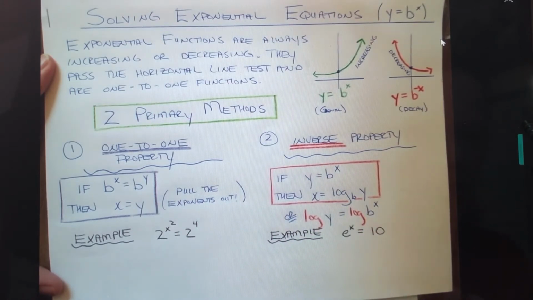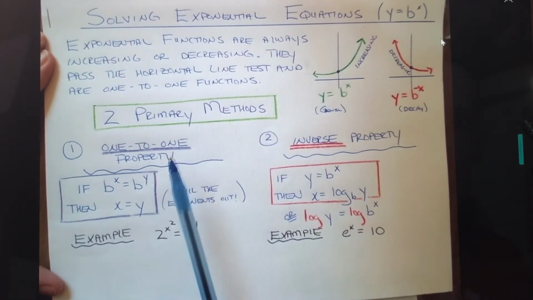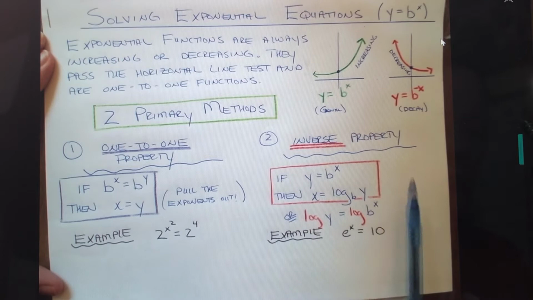It'll just take you longer. It's a little bit more tedious. Okay, so what I'm going to do in this video is explain what each one of these properties are and do a brief example. And then I have an additional video where I go through more examples in depth for one-to-one, and then another video that goes more examples in depth for the inverse property.